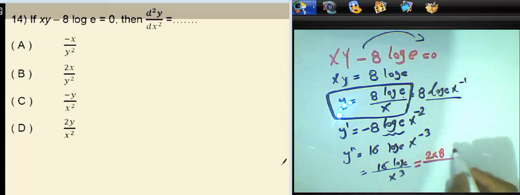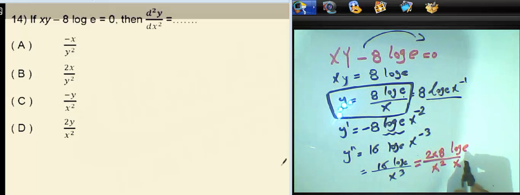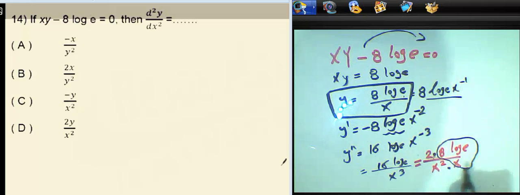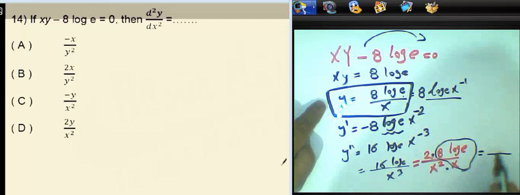Multiplication 2 by 8 logarithm e over x, power 2 multiplication by x. Why? Because we can cancel all this. We can cancel 8 logarithm e over x by y. Then the result will be, we can write 2 multiplication by y over x power 2.